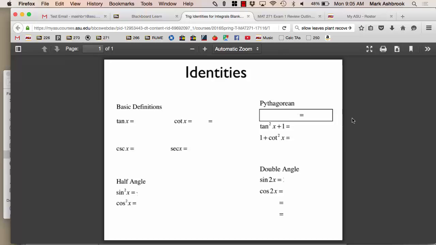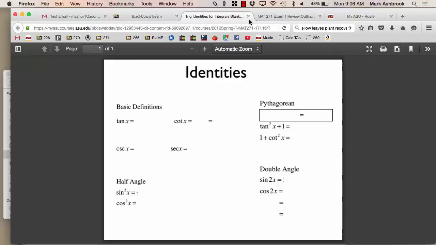And I'll give you 1% bonus for doing that. I'm not giving them to you, but if you just learn this sheet and learn how to fill these out, which shouldn't take you more than 10 or 15 minutes, then you'll start the exam by filling it out, and then you'll have all the identities for the exam, and I'll give you 1% bonus, okay?